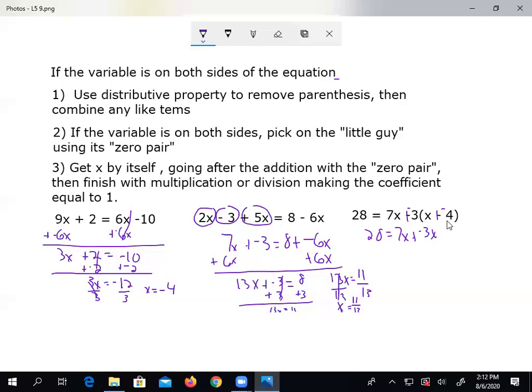And then -3 times -4 is going to be a positive 12. So if I look at my like terms, I have a 7x and a -3x. That's going to be then a 4x. So I'm going to bring everything else down, write a whole new equation.